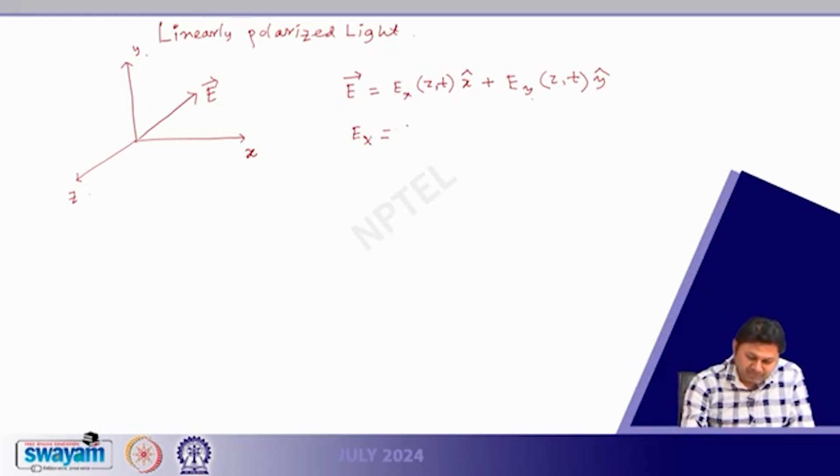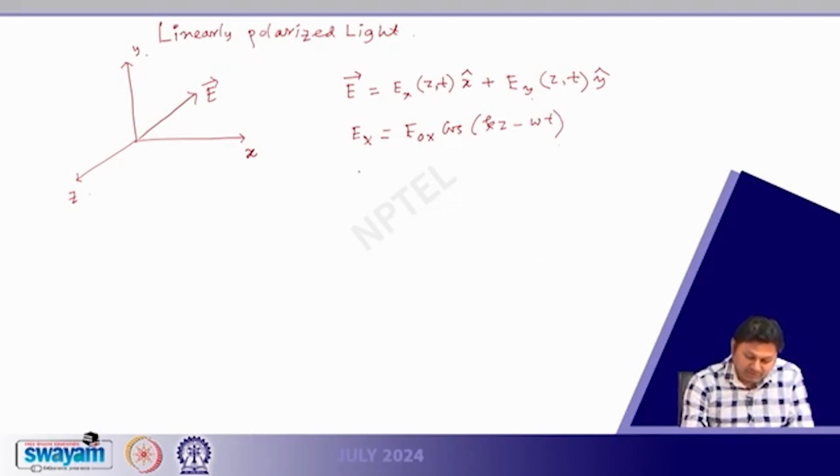So, it can be represented as some amplitude E 0x cos of kz minus omega t. So, this is the way it is varying.